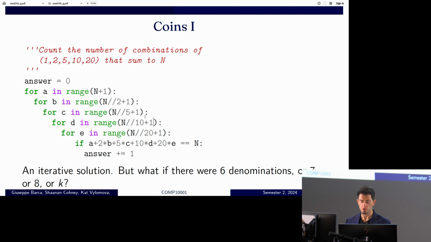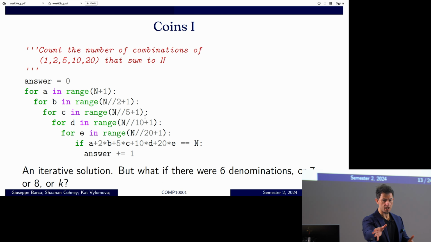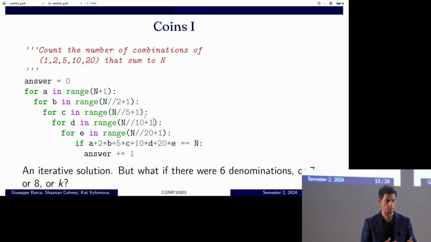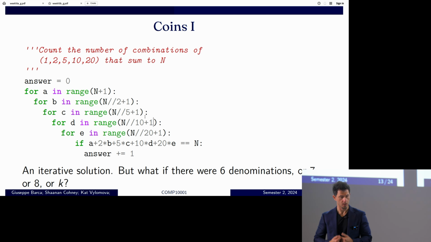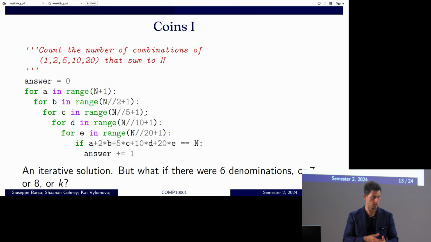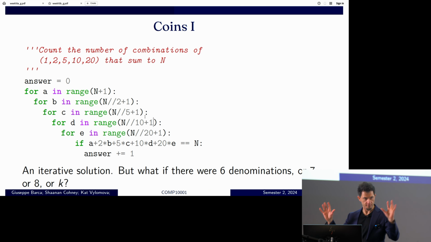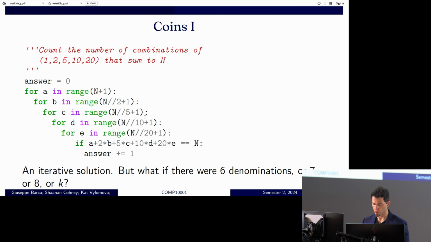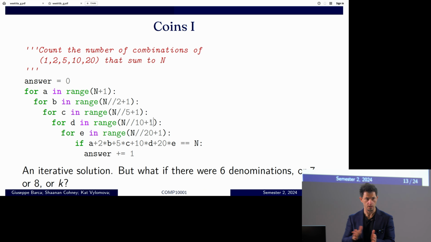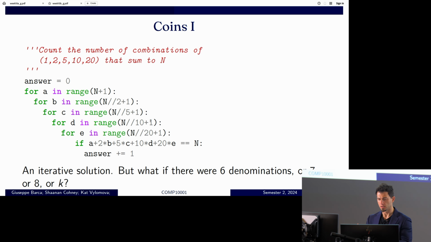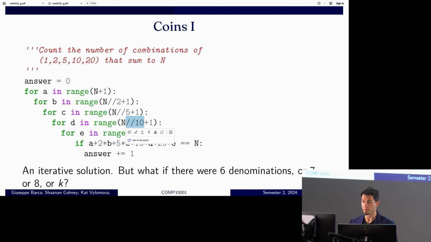Obviously you can make up n only an integer division number of times with a specific denomination. So I can make up 20 with up to 4 5s, for example, if 5 is my denomination. The plus 1 is needed only because range is exclusive, so I need to go up to the number of times I can make up n with that particular denomination. And then for all the denominations, you go through this.